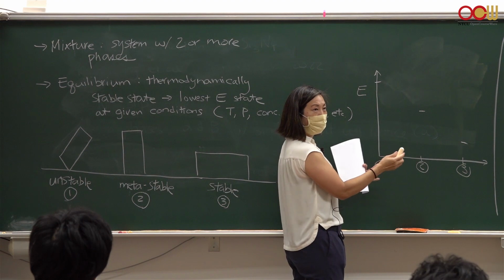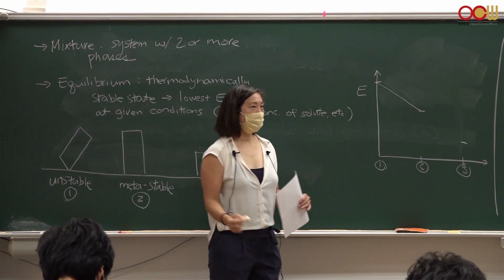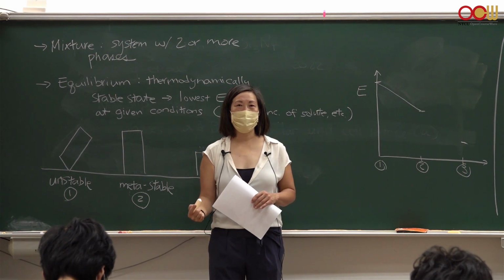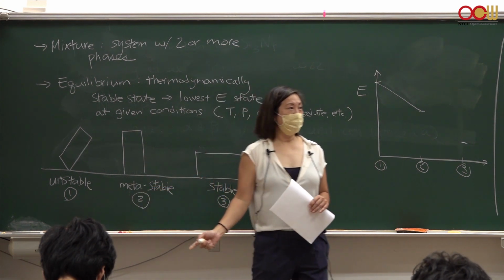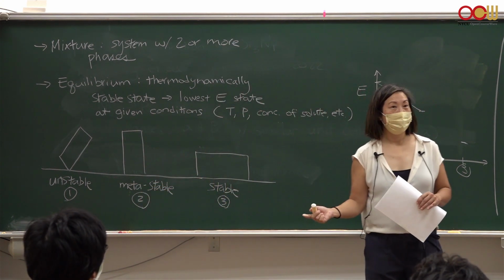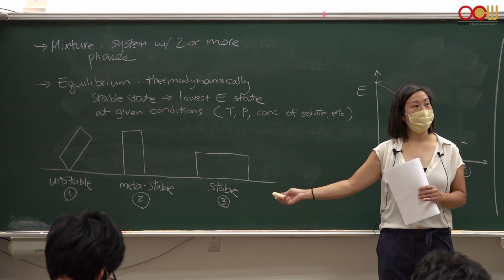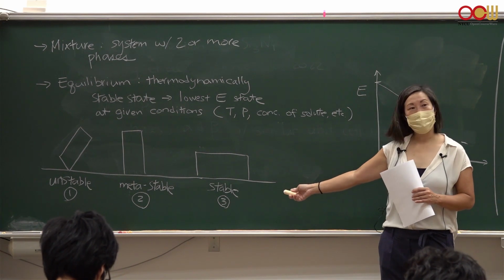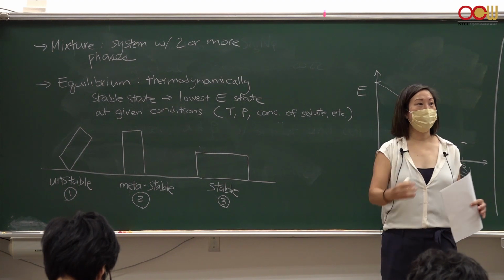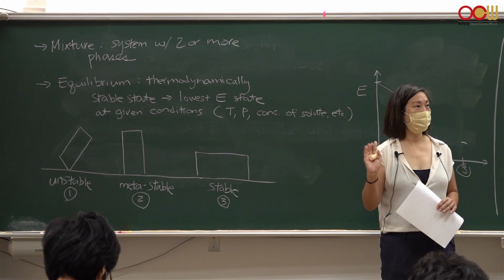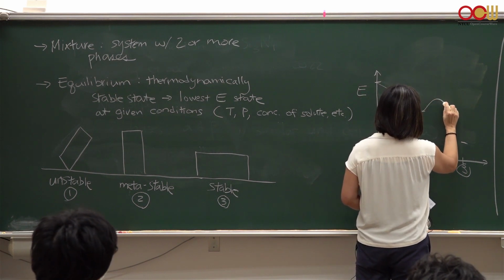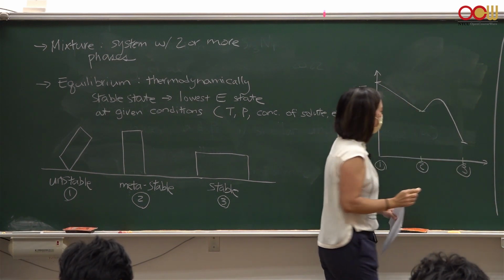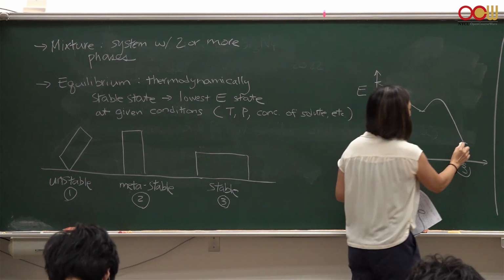It'll just fall over. You don't have to do much, right? So energy decreases as it goes from state 1 to state 2. State 2 is metastable, meaning that it could stay there for a long time. In order to get to the lowest state, it needs some energy input, right? You need to push it so that it falls over. So you can imagine that there's an energy barrier between 2 and 3, and then 3 is the lowest state.